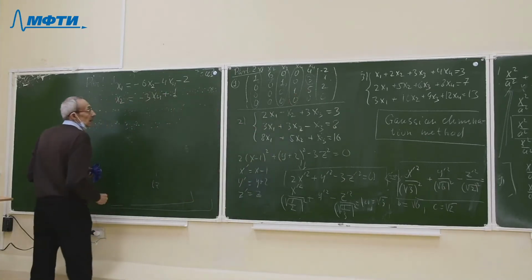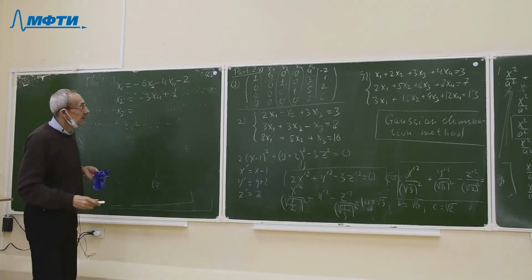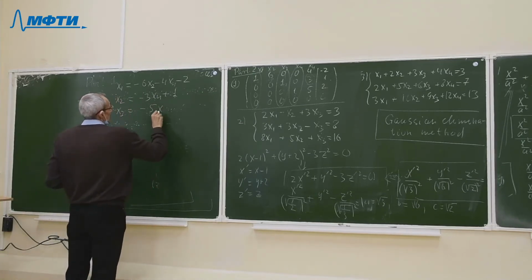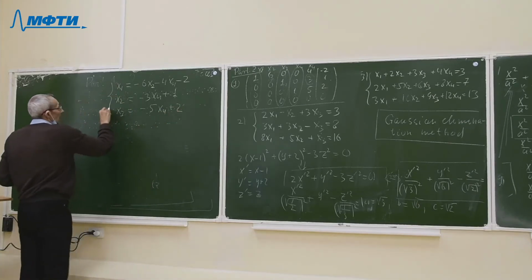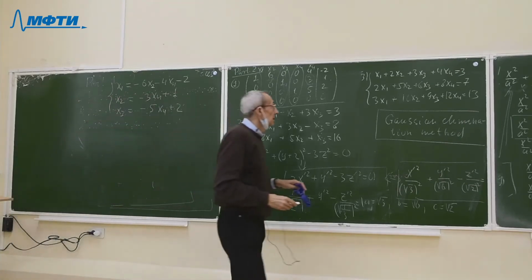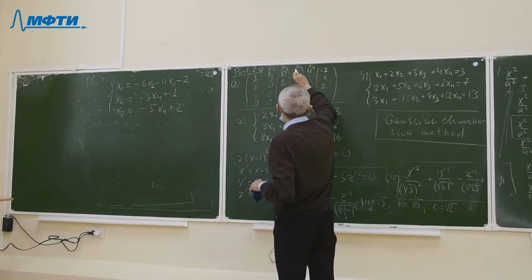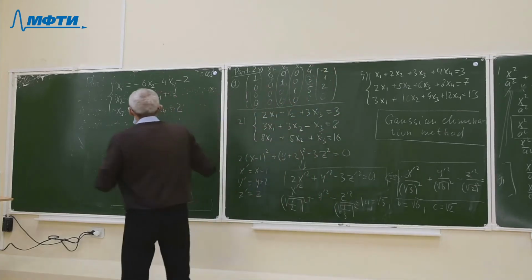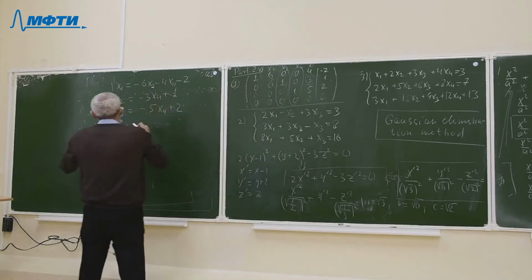The third row, x3 is equal to minus 5x4 plus 2. We divided our variables x1, x2, x3, x4. I'm sorry, my mistake. x1, x2, x3, x4, x5.